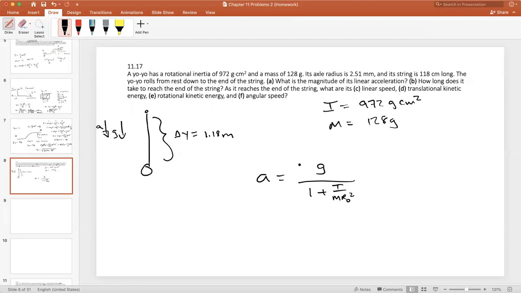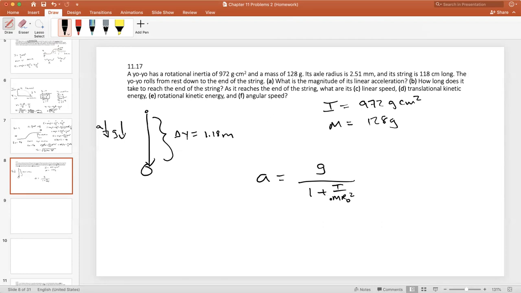Your book had a negative sign here, and that negative sign implied that the acceleration was going down and Y was up. In this problem, I'm assuming A is down, so my A is positive in this problem. And my Y is also going to be positive downward. Okay, so going down, Y is positive. It's in the same direction as A.